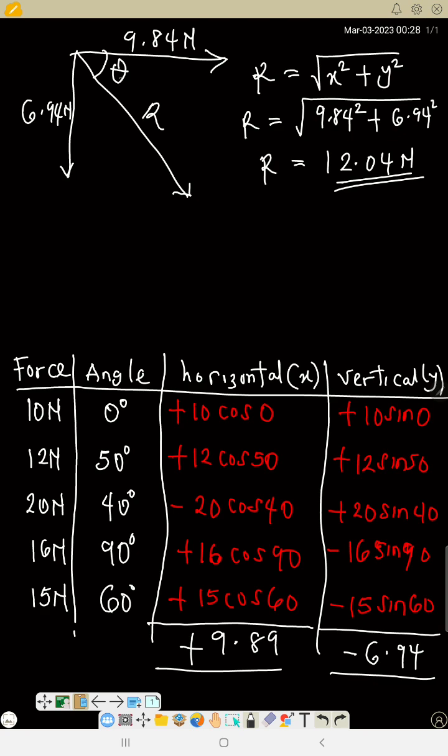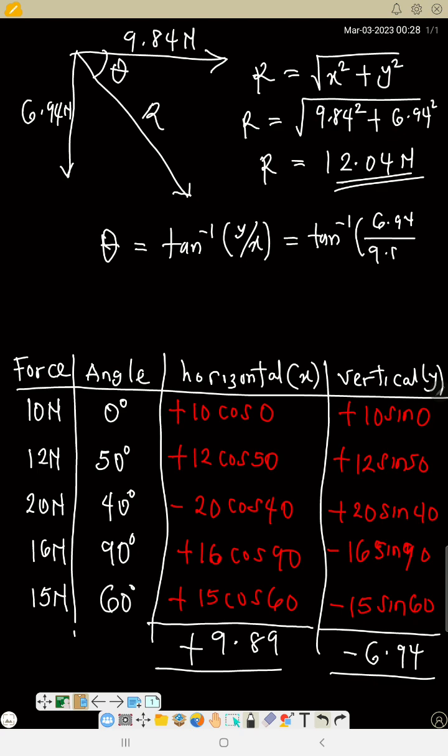Now what is the direction? Theta is arctan of y over x. So that is arctan of 6.94 divided by 9.84.